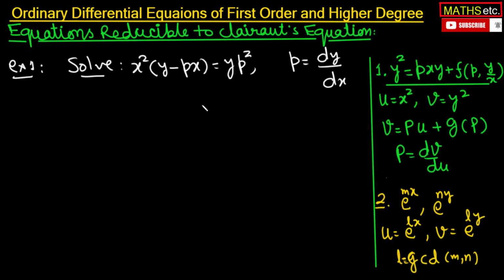Well, how do we come to know that we can reduce this equation to Clairaut's equation? Because of the factor y minus p x. So this gives us an idea that it can be reduced to a Clairaut's form, right?